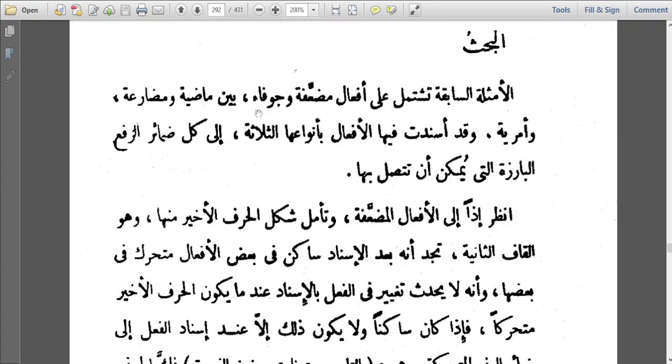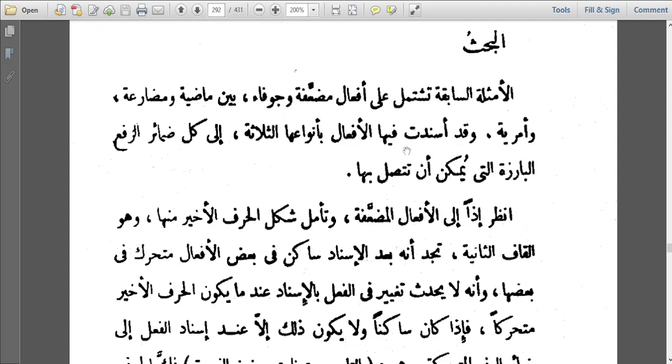Jawfa is the plural of ajwaf. Okay, the plural of ajwaf. So they contain verbs that are mudha'afa and verbs that are ajwaf. It says بين ماضية ومضارعة وأمرية, between the madi, mudari, and then also amr. So we have the three of them all.